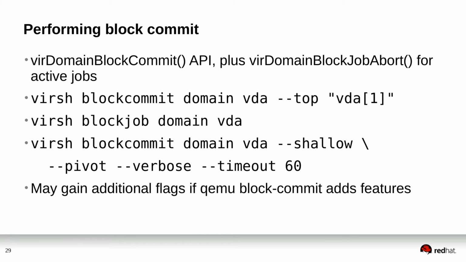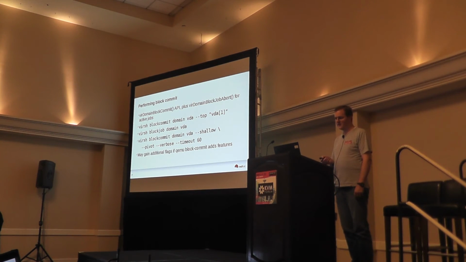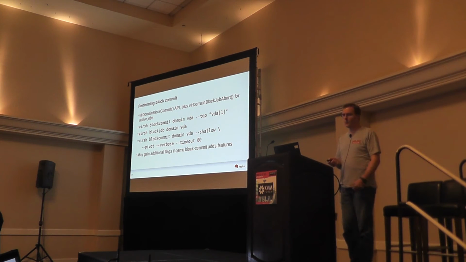Block commit, there we at least named the API right. Some example usage: we can take disk vda and commit the top image of vda[1] down into its base image. Since QEMU has slightly different behavior whether you're doing a backing chain commit or an active commit, remember that with active commit you have to decide whether to keep the original chain or pivot over to the now committed top image.